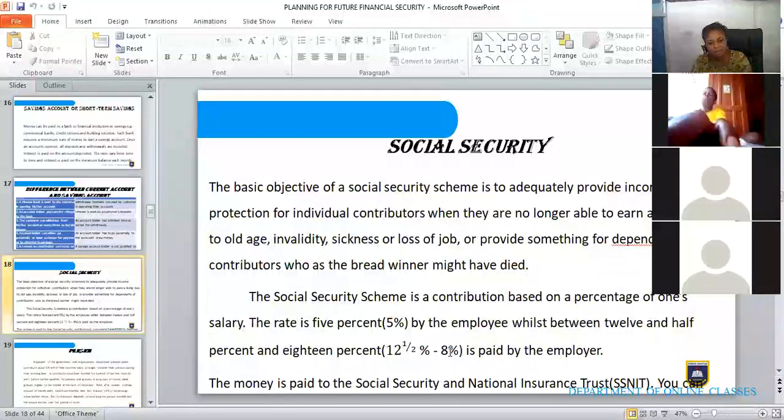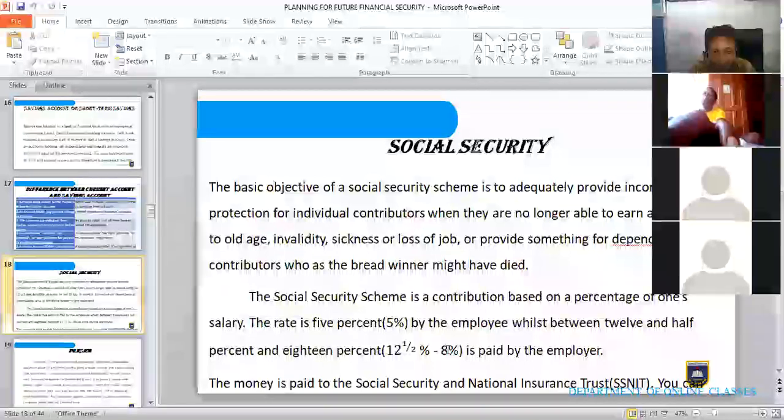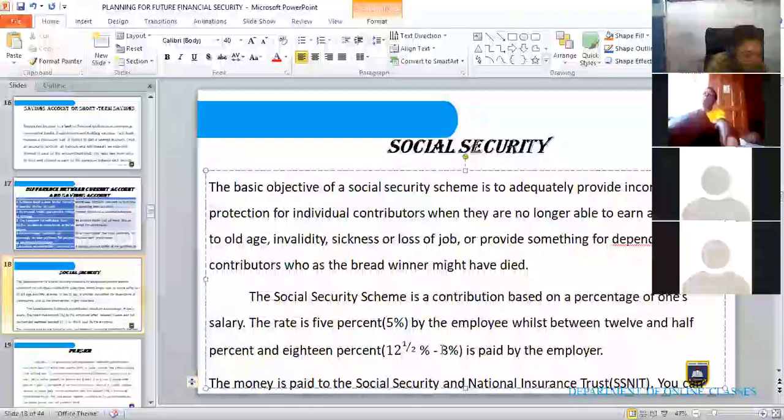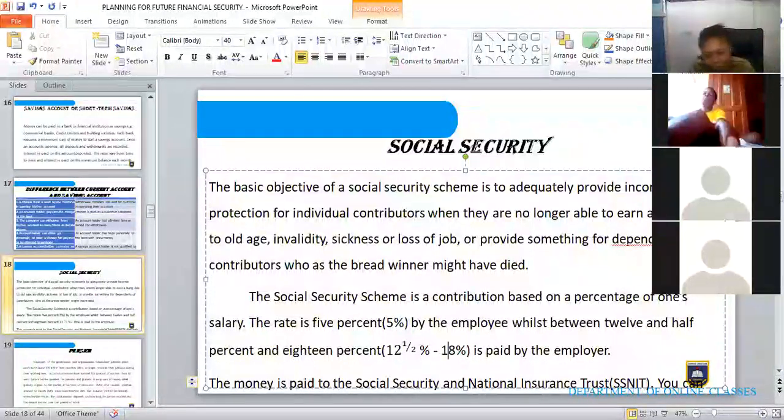This is paid on a monthly basis until you get to the age where that money becomes helpful to you, or you attain age 60, where you can no longer work. So it is based on the salary you take.